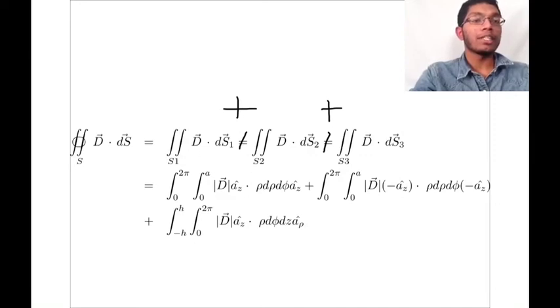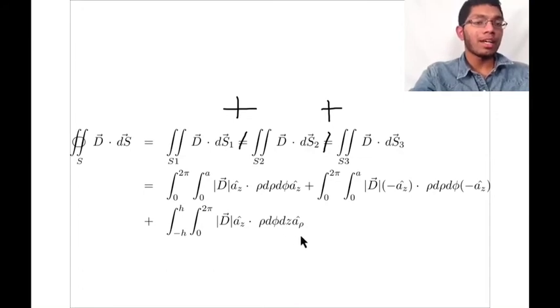So I know d goes in the a hat z direction, and if you're talking about the bottom of the cylinder, then it goes in the negative a hat z direction. Here we have the wall of the cylinder. So this integral corresponds to the S3 expression. This corresponds to the S2 expression, and this one over here corresponds to the S1 expression.